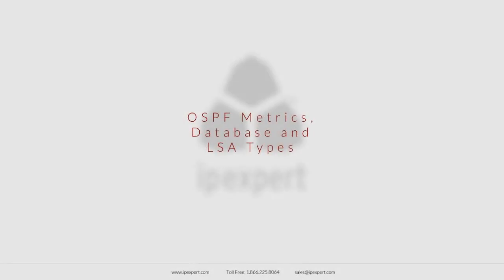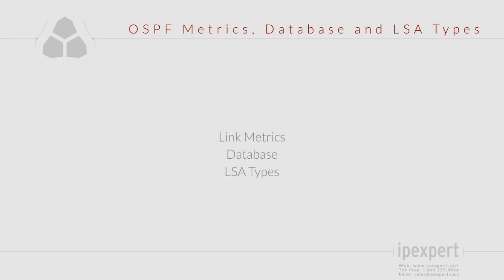We are now going to talk about OSPF metrics, the OSPF database, and the different LSA types. In this module we are going to cover what the different link metrics are, how these values are constructed, how they can be modified, and then we are going to look into what's in the OSPF database, what is contained in the database, how this information is kept in the database, and how we can look into this information.